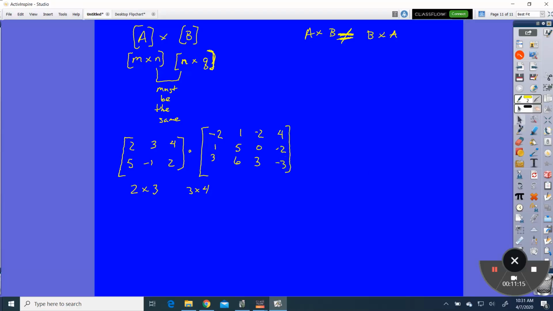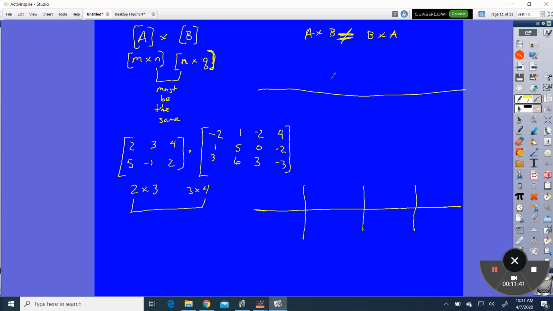Okay, this is going to be kind of crazy. I know my answer is going to be a 2 by 4, meaning it's going to have 2 rows by 4 columns. So what I want you to do first of all is draw something that has 2 rows. So here's my 2 rows, one above, one below, and 4 columns. I'm going to show you with those little numbers how things work.